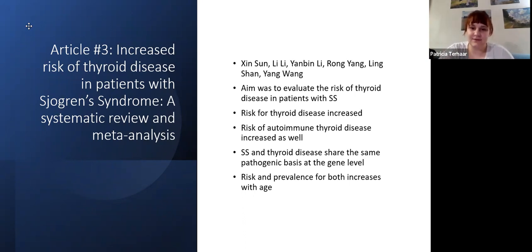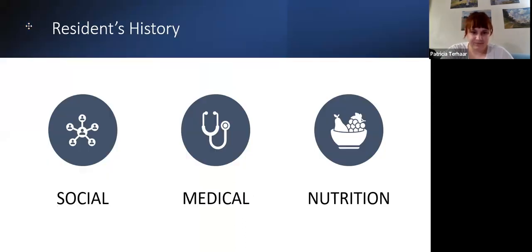I thought it was very interesting because they noted that the salivary and the thyroid gland are very similar, and the autoimmune process and the pathophysiology of these diseases is very similar, and how they tie together.